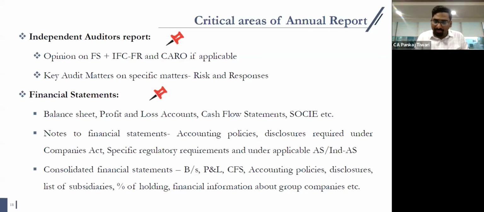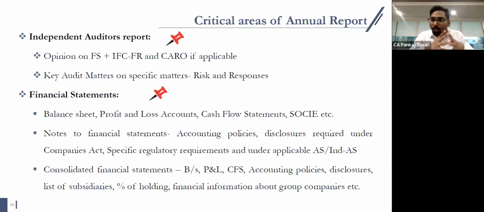After CARO 2020, my friend, and I will discuss it further also, and after the amendment in Schedule 3 done by the MCA, the information coming into the public domain is of substantially good quality.